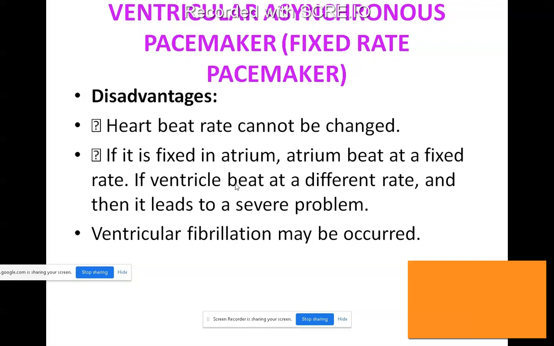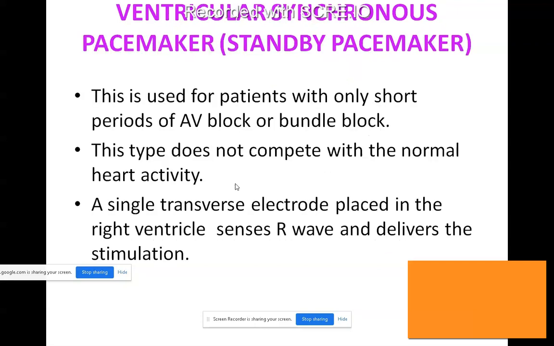There is the atrium and the ventricle. The atrial beat has to match the ventricular beat. If it is a different rate, it will lead to a severe problem. So there may be occurrence of ventricular fibrillation.